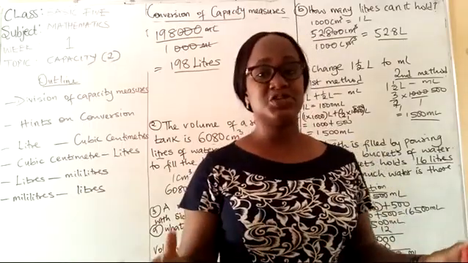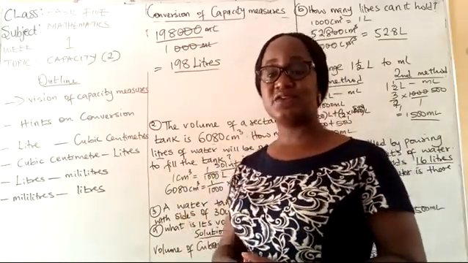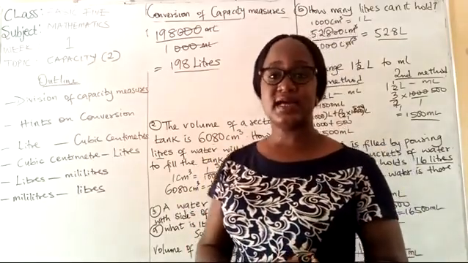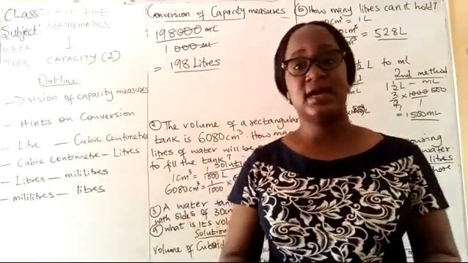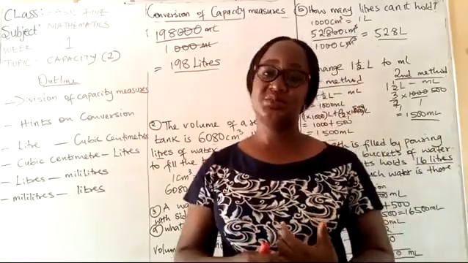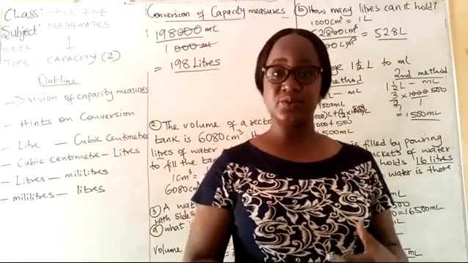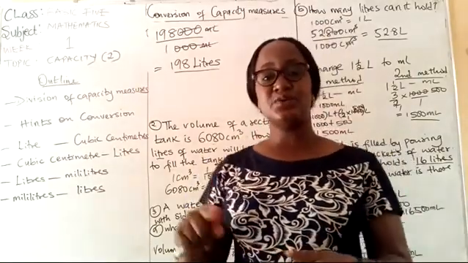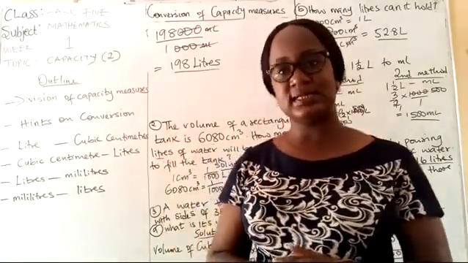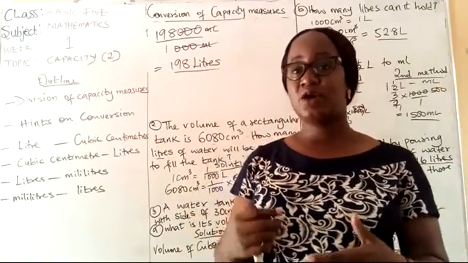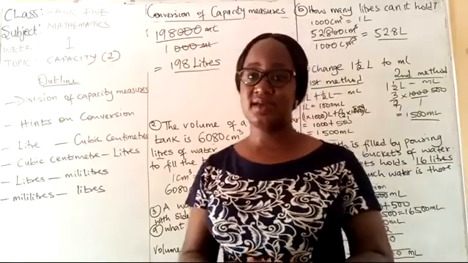We talked about the relationship between the pairs of units: 1000 milliliters gives you 1 liter, and 1000 cubic centimeters will also give you 1 liter. 100 centiliters will give you 1 liter. 10 milliliters will give you 1 centiliter, and so many of them. So I expect you to solve them correctly and you submit, okay? Thank you.